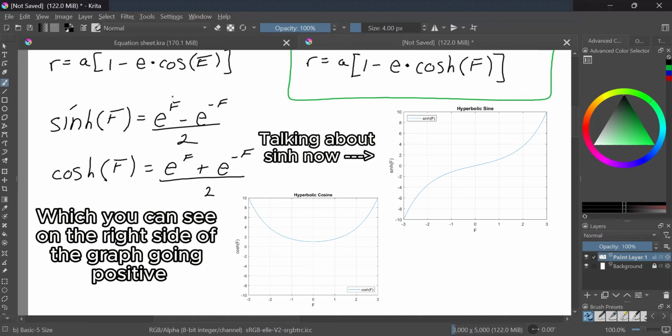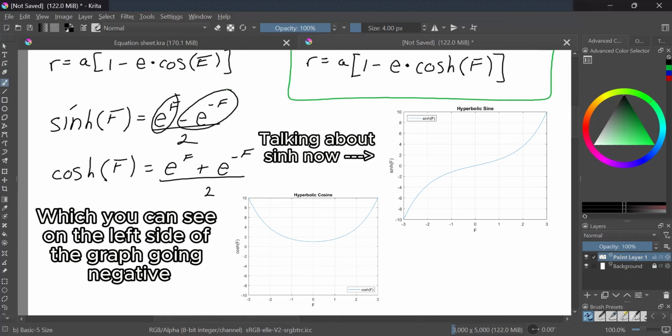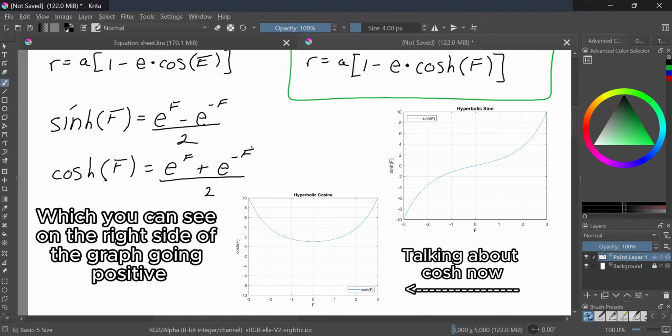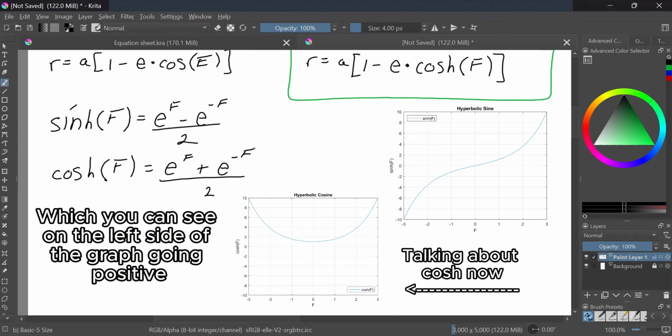When it is a negative f value, this will reduce to 0, and this will grow to an ever increasingly large number as you move away from 0. For the hyperbolic cosine, you see that it is a mirror of itself. When f is positive, we have positive values because this goes to 0. And when f is negative, this goes to 0, and the negatives will negate themselves, and we still get positive values. Very nice.